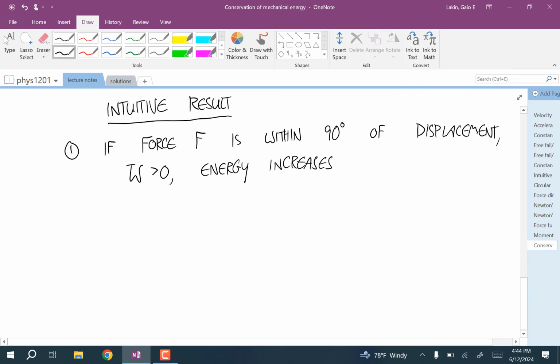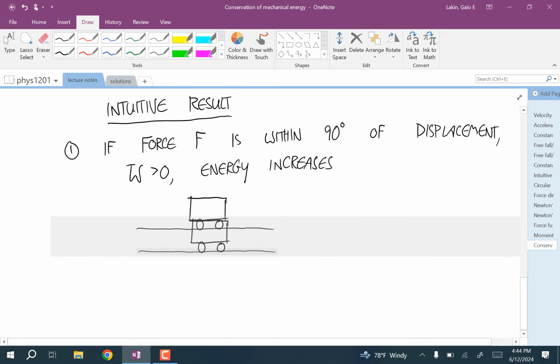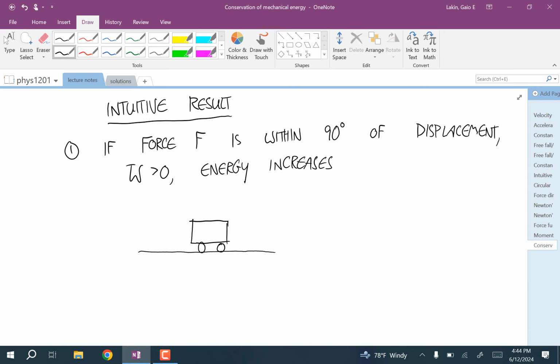Okay, so let's think of an example. Let's say that our object is this cart that's moving along the floor. Okay, and let's say that the object is moving this way.